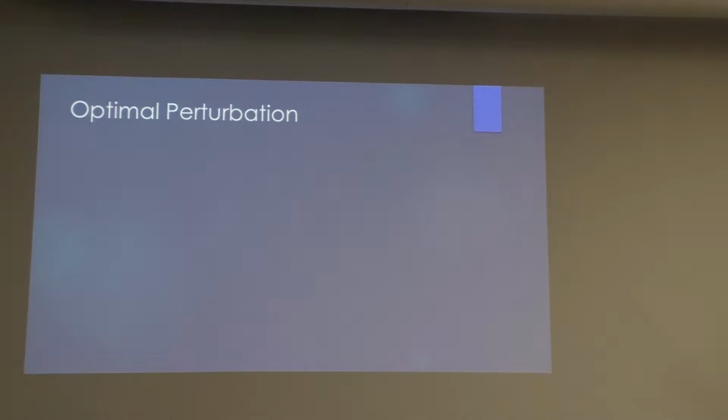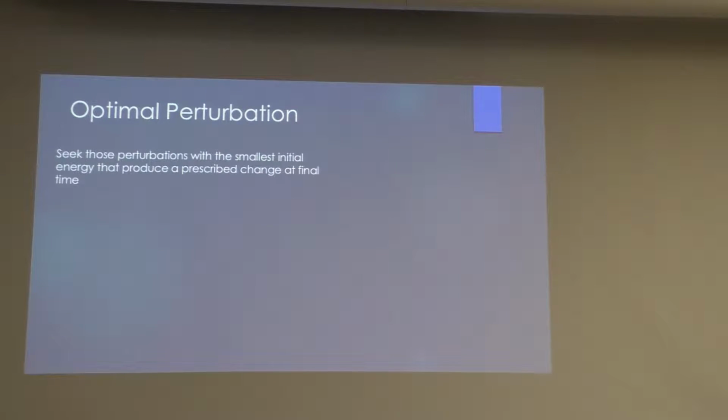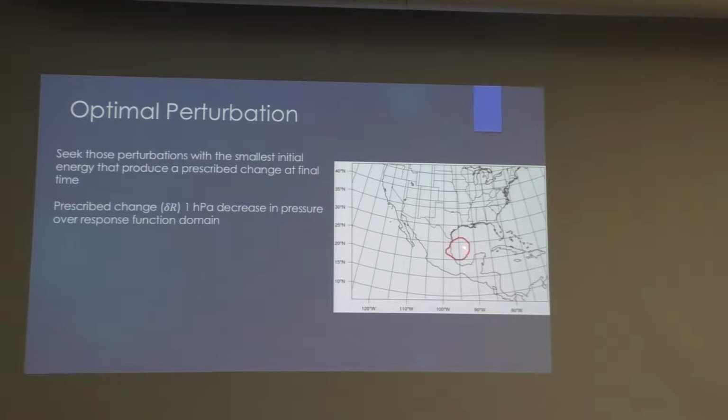And how we're doing it is through optimal perturbations, and what I mean by optimal is we seek those perturbations with the smallest initial energy that produce a prescribed change at the final forecast time. The prescribed change that I'm making is a 1 hectopascal decrease in pressure over the response function domain, which is again that contour I showed before.